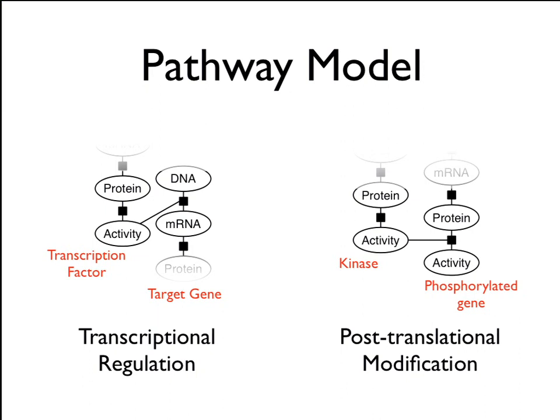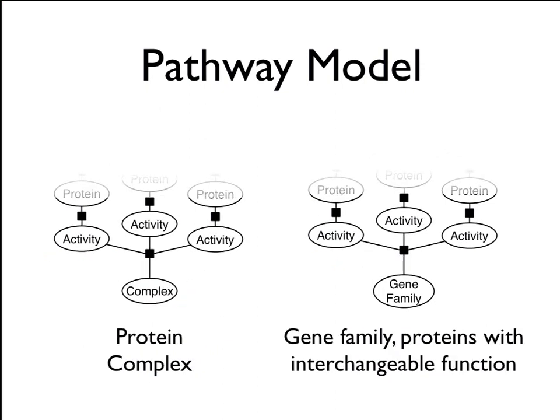There are a few other very common features in pathways that would be nice to model as well. Protein complexes often play a role in cancer, so we want to be able to summarize what's going on with the complex. We won't get actual data on a complex, so we infer all these activities, and then we can infer a general complex activity after that.